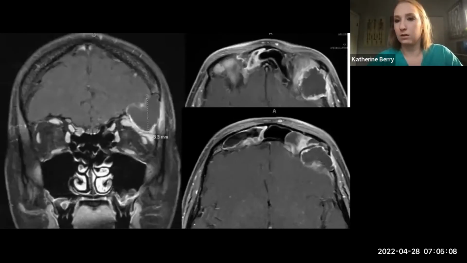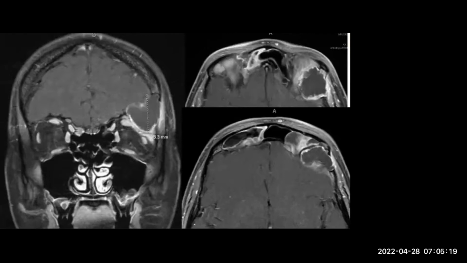Victor, I think I saw you in here. What do you see on these images? So these are MRI images demonstrating it seems to be almost like a cystic lesion.